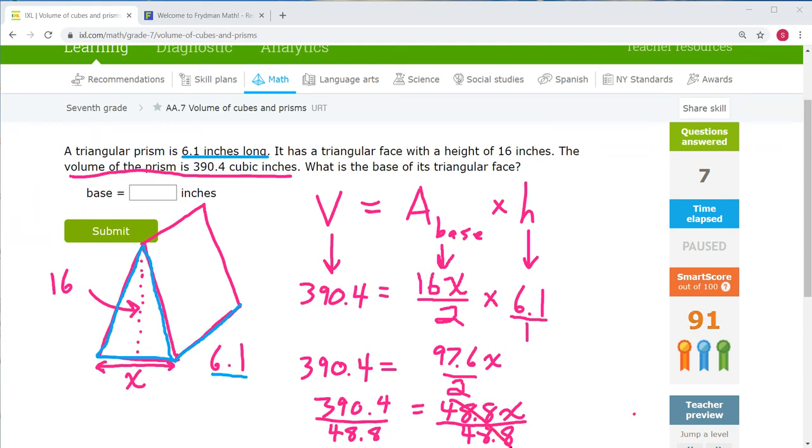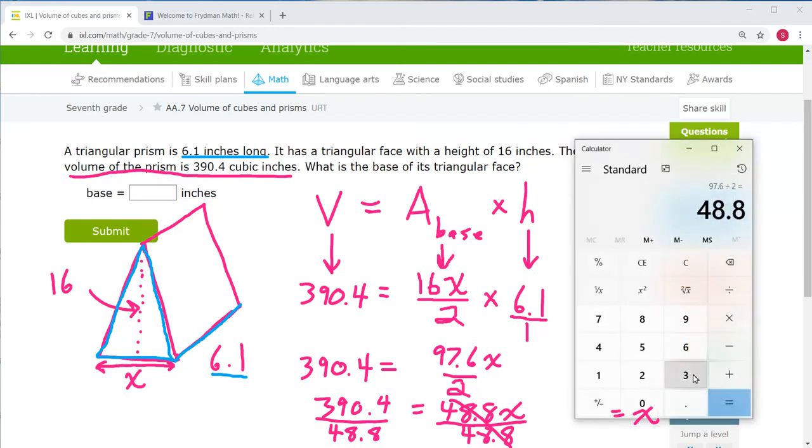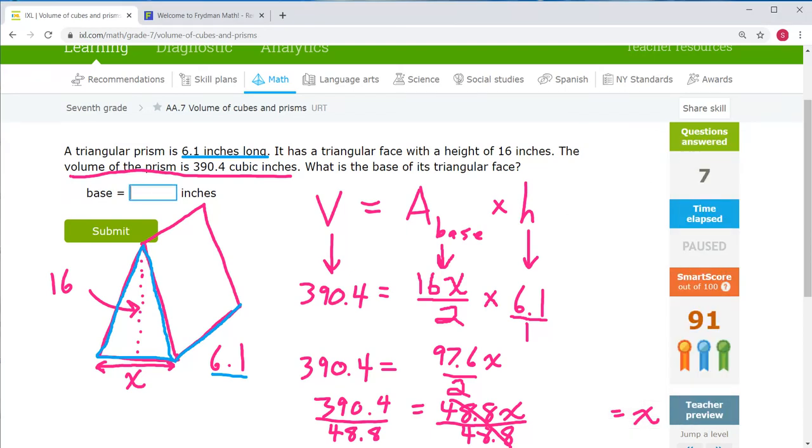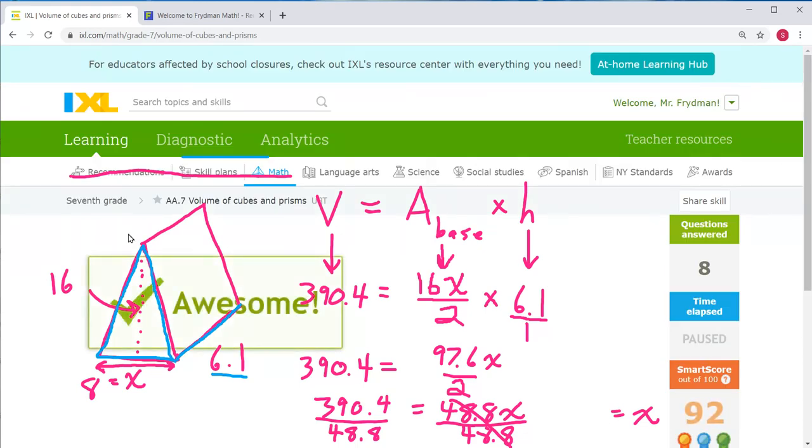So that cancels, and I have x equals 8. Okay, nice, easy number. So that means the base of the triangle is equal to 8 inches. Okay? Submit.